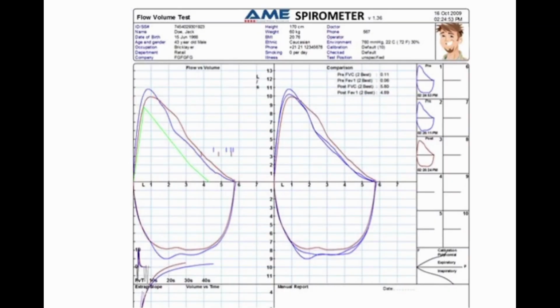If the test improves by like more than 10%, that's diagnostic for asthma, because we gave you a bronchodilator, reduce the obstruction, and air can move easier. So that's what this FEV1 is. How much air can you get out in 1 second? Yes? So with someone with asthma, it would be smaller? Yep.